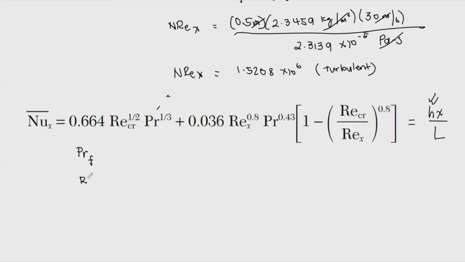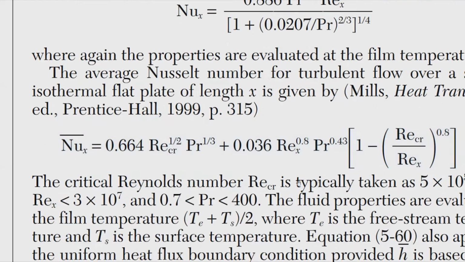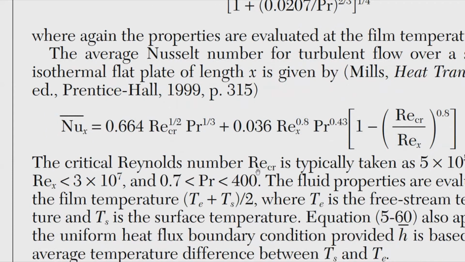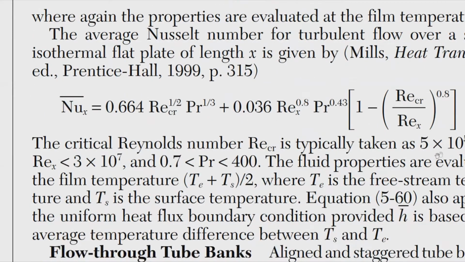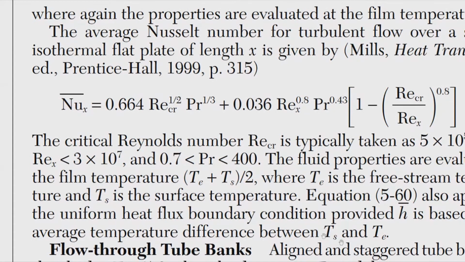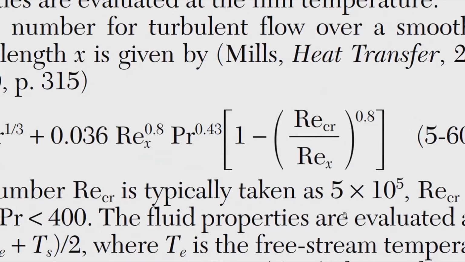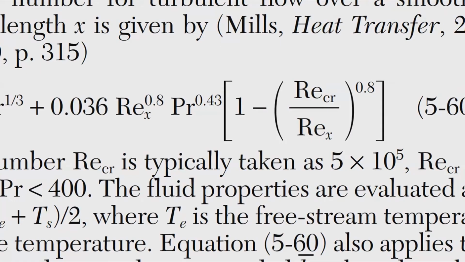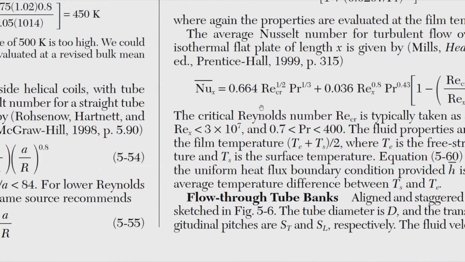And the critical Reynolds number is already given in the Paris Handbook. It says here that the critical Reynolds number is typically taken as 5 times 10 to the 5th. The screen actually cuts it off, but let me zoom in. So yeah, as you can see, it's 5 times 10 to the 5th. So we'll be using that.